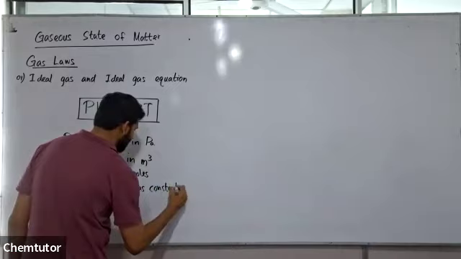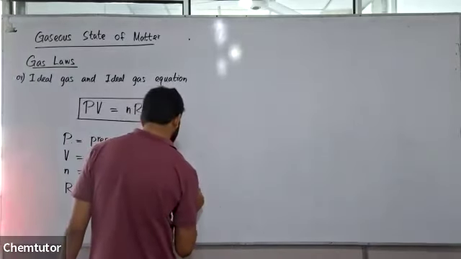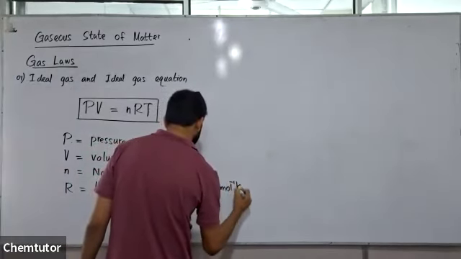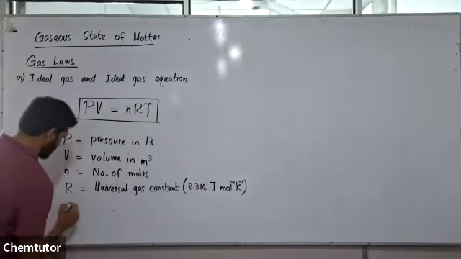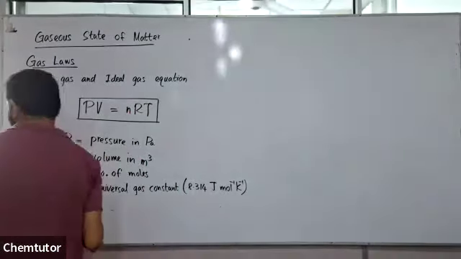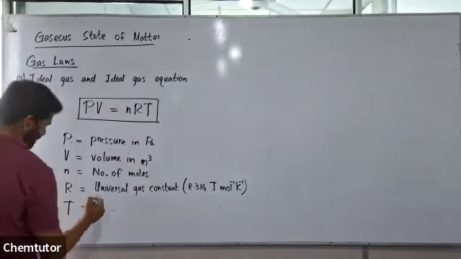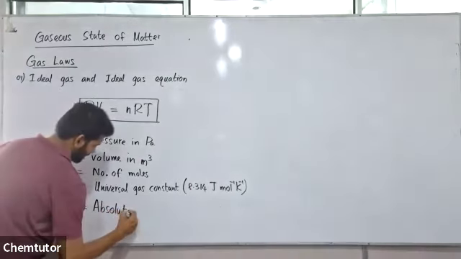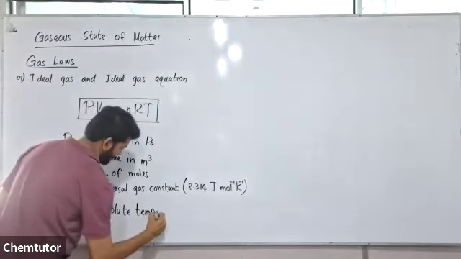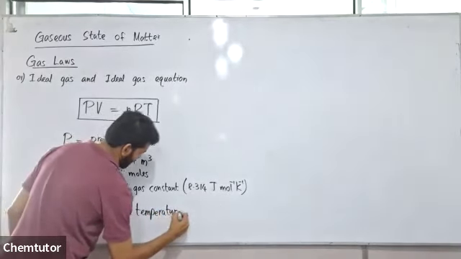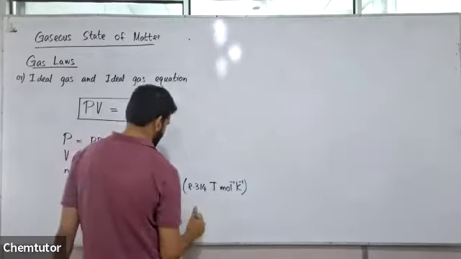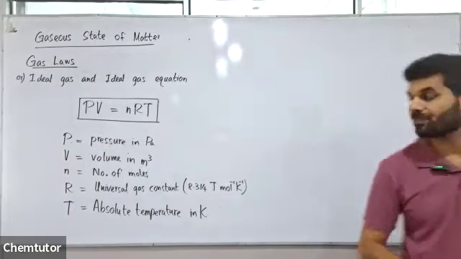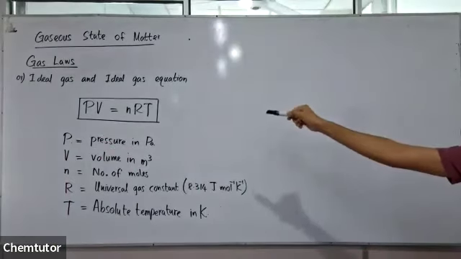Right, so these are the parameters. Now see, the ideal gas equation is PV = nRT.